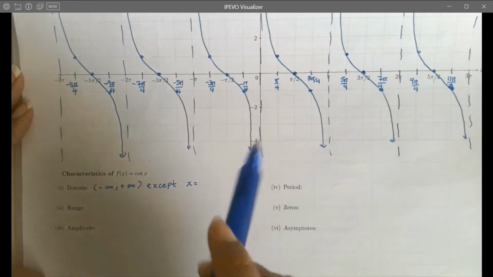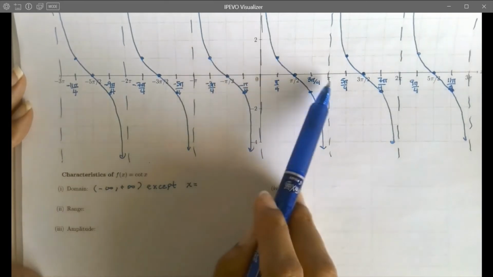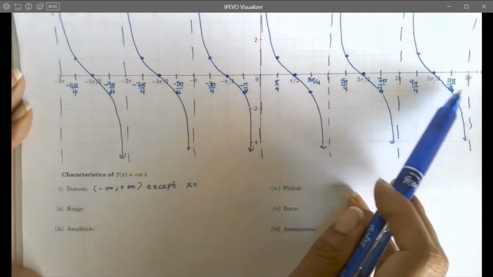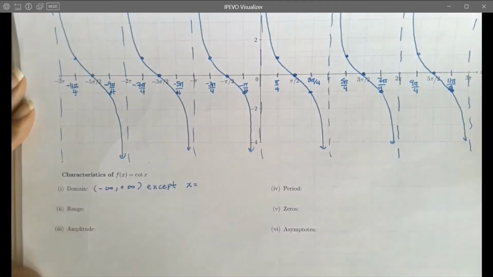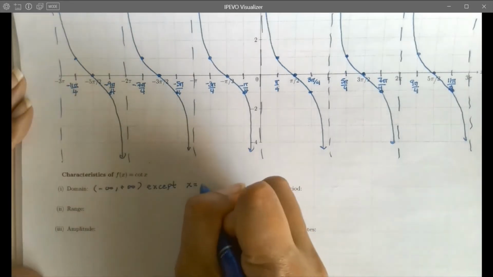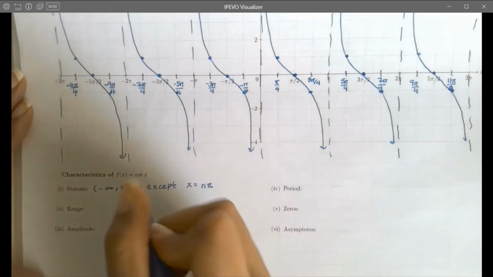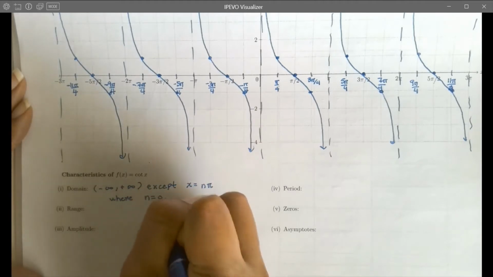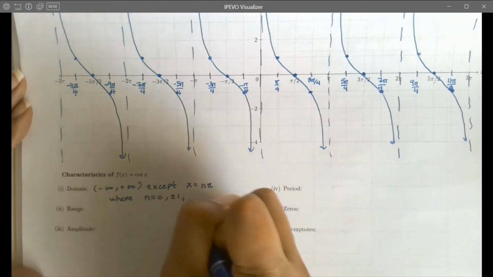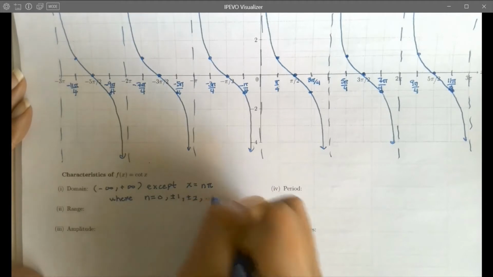Well, now they're happening at 0, pi, 2 pi, 3 pi, negative pi, negative 2 pi, basically any multiple of pi. So they happen at n pi, where n is any integer 0, plus or minus 1, plus or minus 2, and so on and so forth.